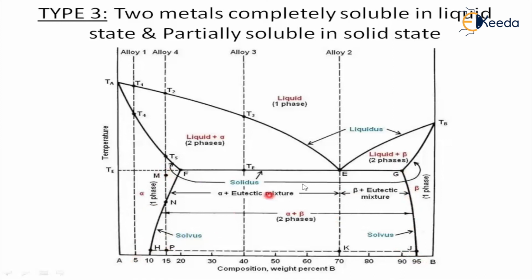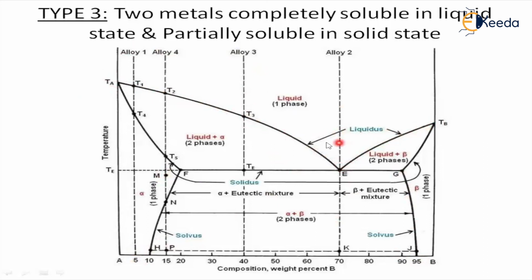So totally different types of lines exist in type 3 phase diagram. Let me repeat. The first line, that is nearer to the liquid phase, is represented as the liquidus line, that is TA, E, and TB.